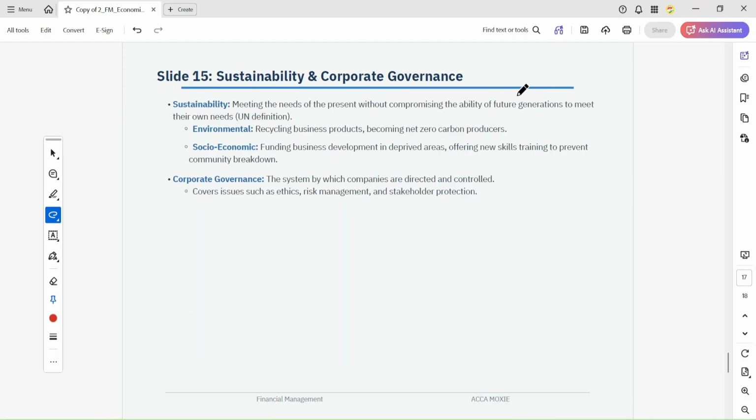Okay, next is sustainability and corporate governance. In order to increase economic growth, the government has to analyze whether this economic growth is sustainable.